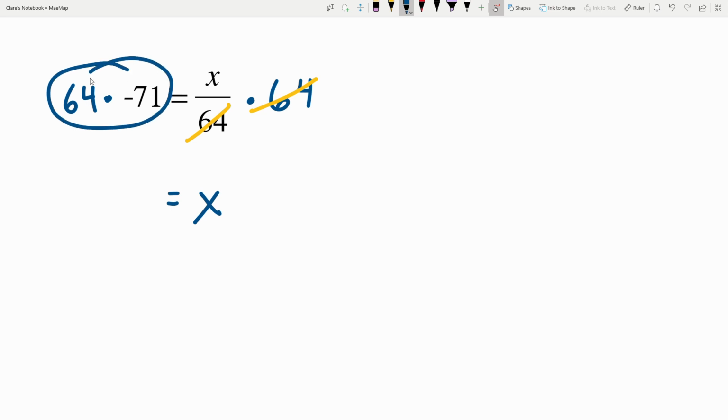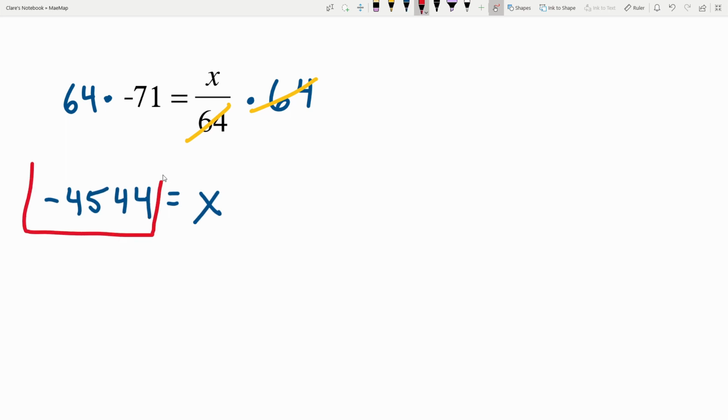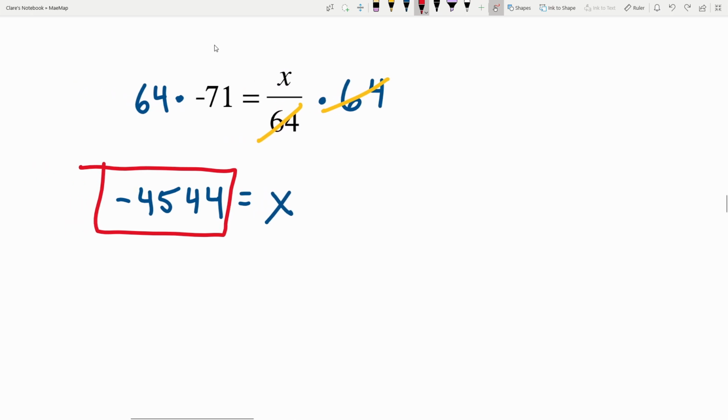So now we just have to work out the left-hand side. 64 times negative 71 is going to be a negative 4,544. Now let's double check and make sure this is true. If we put negative 4,544 in for x, and then divide that by 64, we do indeed get negative 71. So negative 4,544 is our solution to the last problem on this worksheet.